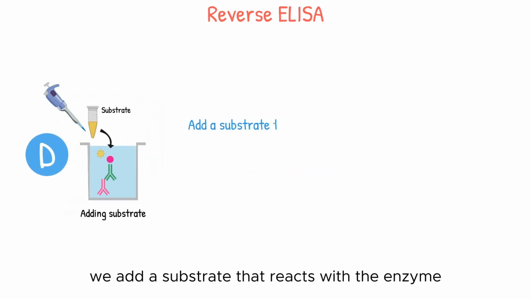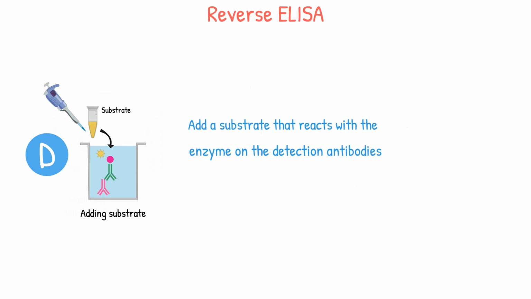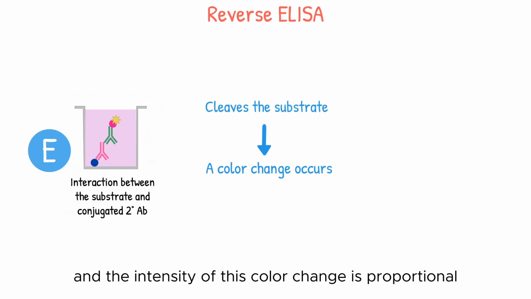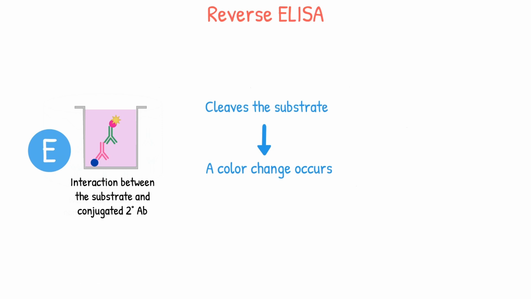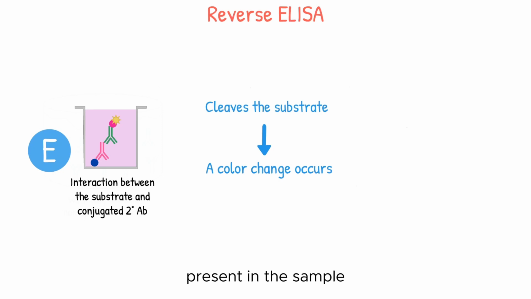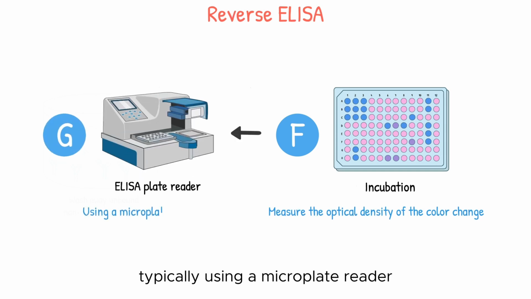Next, we add a substrate that reacts with the enzyme on the detection antibodies. When the enzyme cleaves the substrate, a color change occurs, and the intensity of this color change is proportional to the amount of target molecule, either the viral antigen or SARS-CoV-2 specific IgM and/or IgG antibodies present in the sample. Finally, we measure the optical density of the color change, typically using a microplate reader.